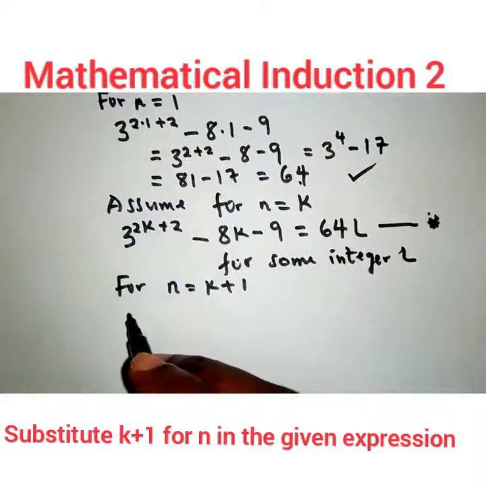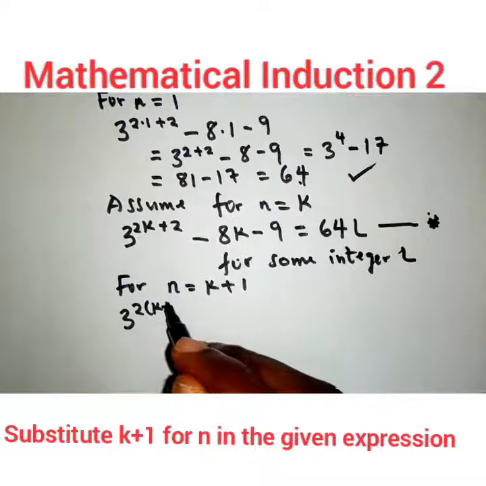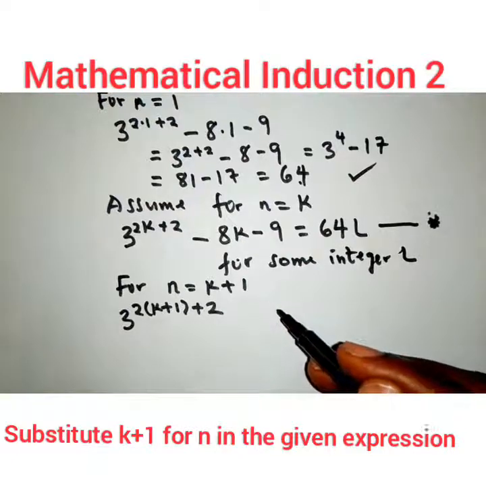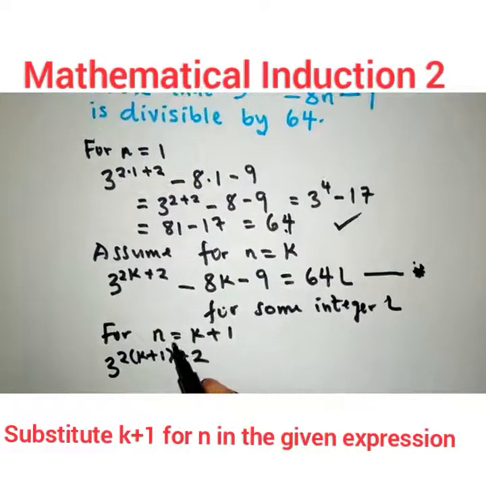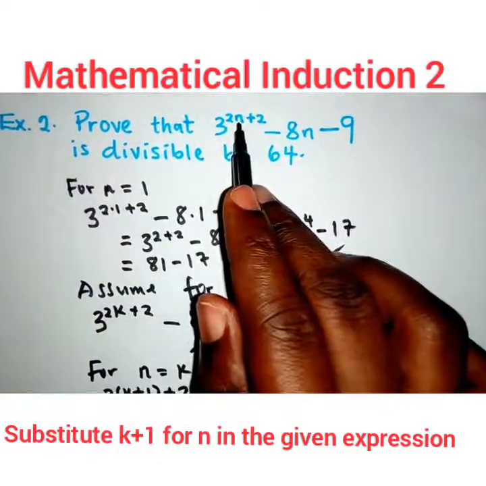So we have 3 raised to power 2 times k plus 1, plus 2. That is, we are substituting k plus 1 for n into this expression.